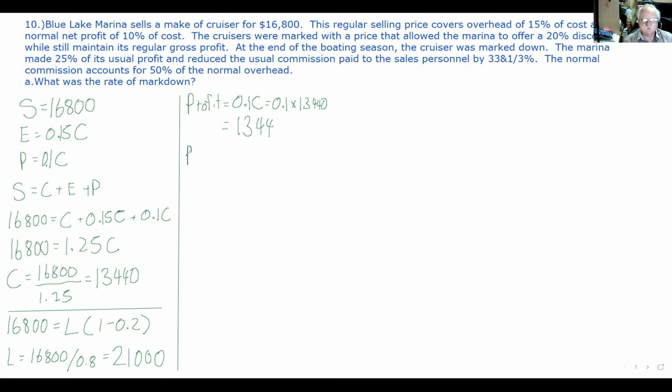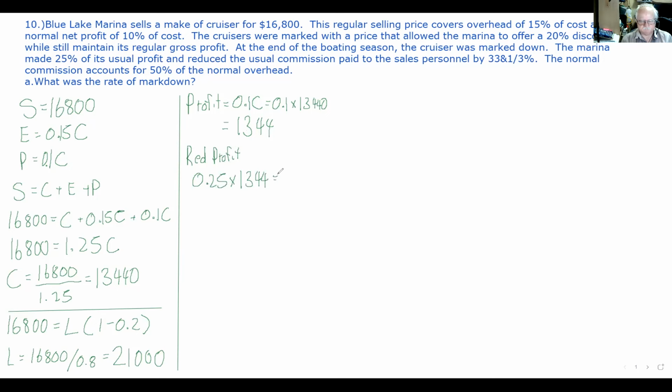But we want to find the reduced profit. And they said the marina made 25% of its usual profit. So 0.25 times the usual profit.